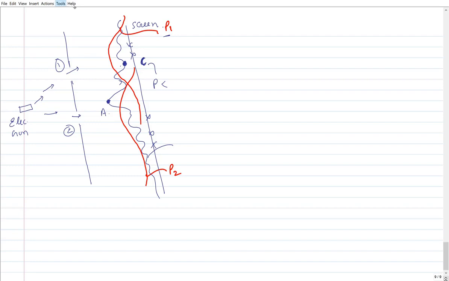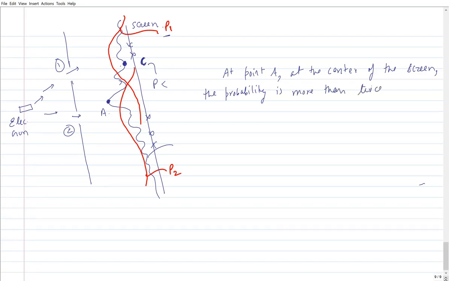So at point A, at the center of the screen, the probability is more than twice P1 and P2.